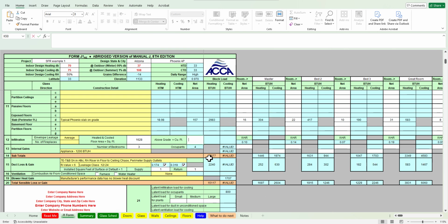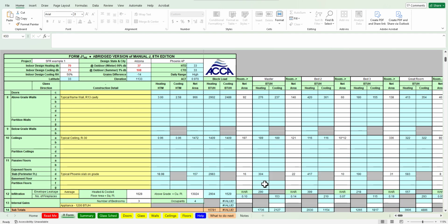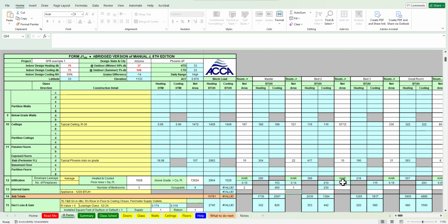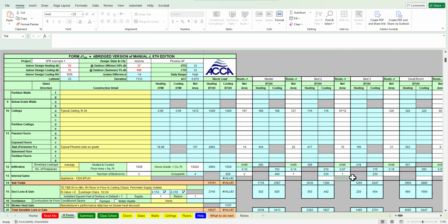What's the above grade cubic feet? So in this instance, it's going to be whatever the square footage is times 8 because the walls are 8 feet tall. Now, how many occupants are there? So in the master bedroom, you have 2. And in bedroom 2, you've got 1 occupant. Okay.